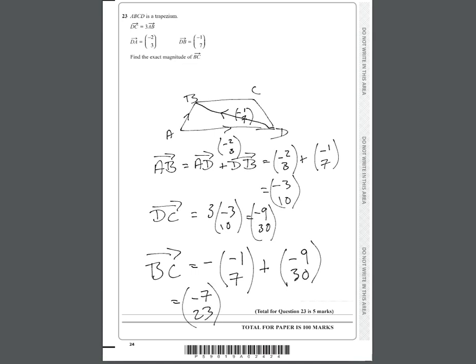And the magnitude of that is the square root of 7 squared plus 23 squared. Doesn't look right.